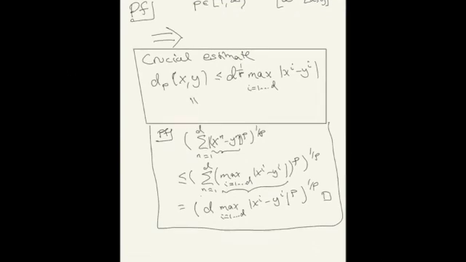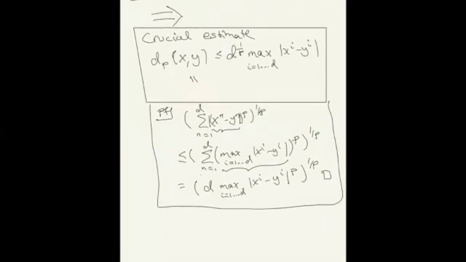Okay, so how do we use this estimate? Well, the idea is that because we know component-wise convergence, we can make every one of these individually small. So let's do that. We know that for i equals 1 through d, the limit of x_n,i equals x_i.